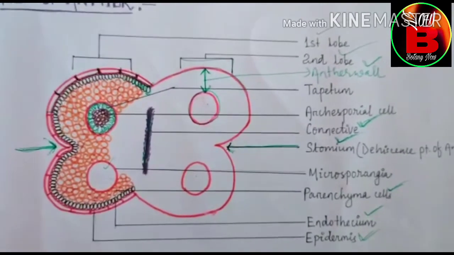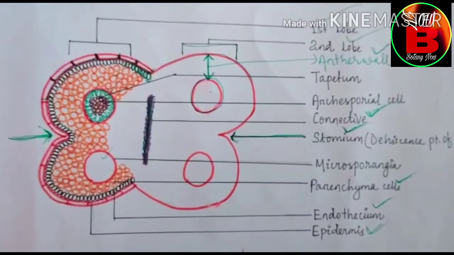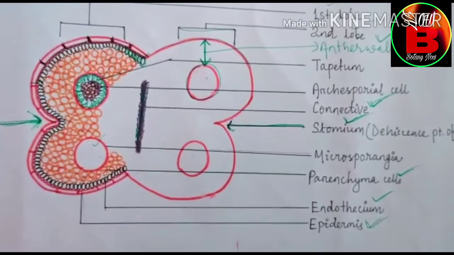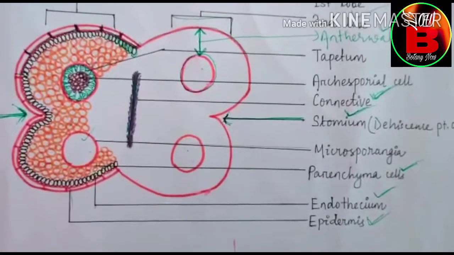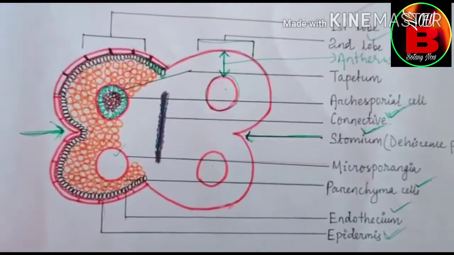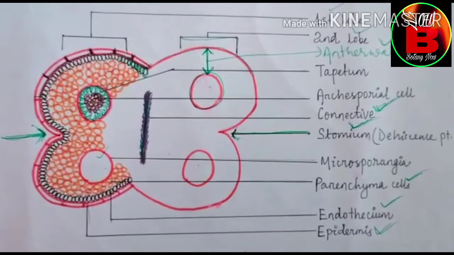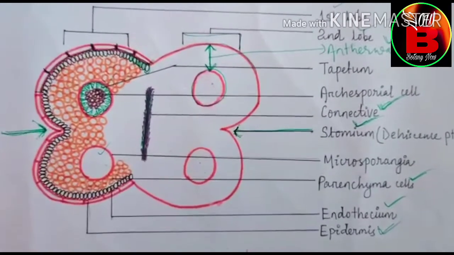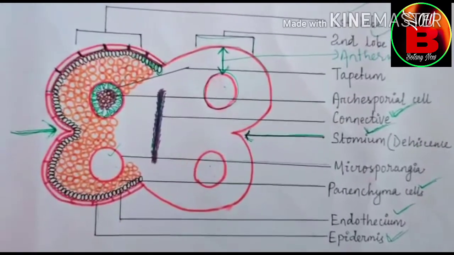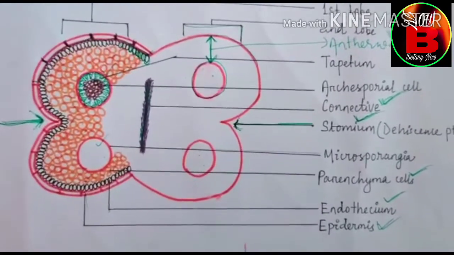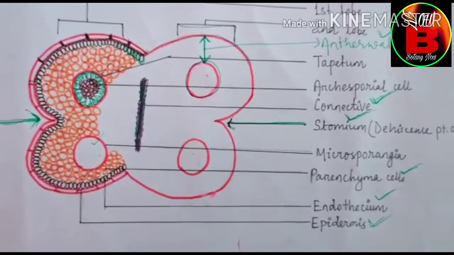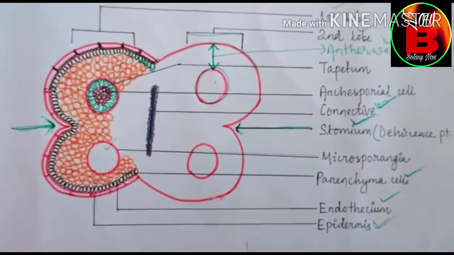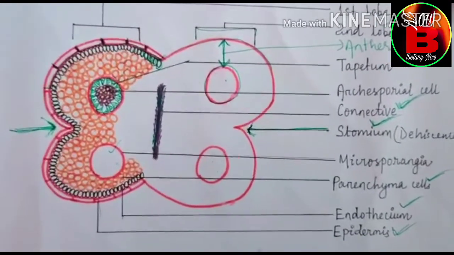When the anther matures, these three layers, that is the epidermis, endothecium and the parenchymatous layer, become fibrous and hard. So these put pressure on the delicate part of the anther. Then the stomium ruptures and the microspores or the pollen grains which are developed inside the pollen sac are released out from the anther.